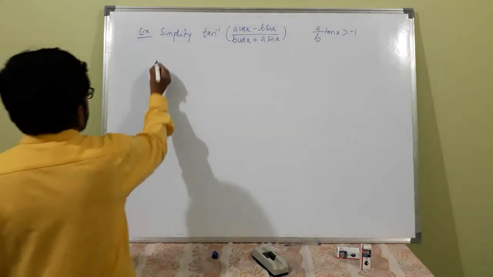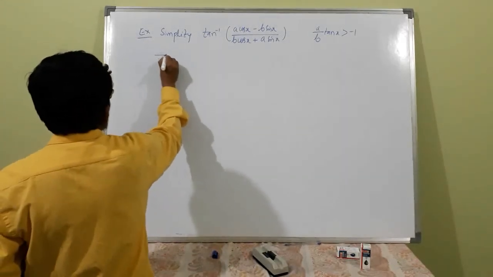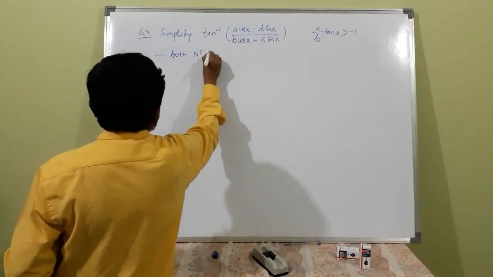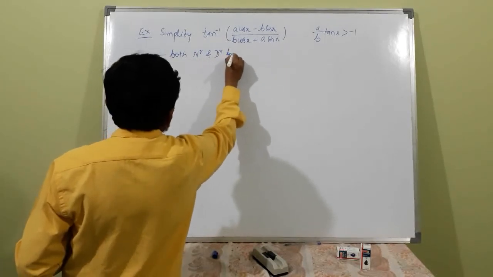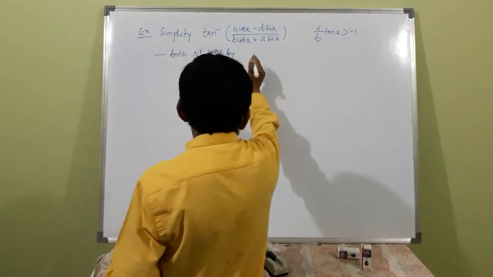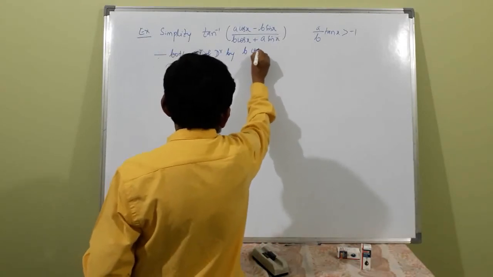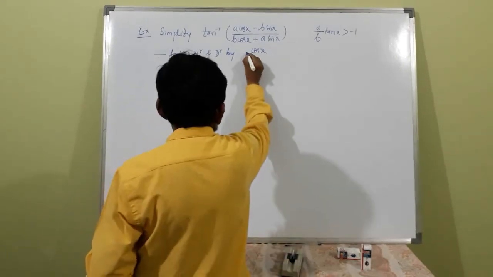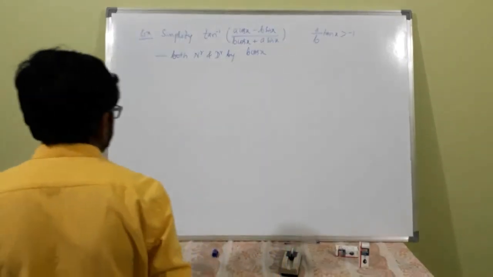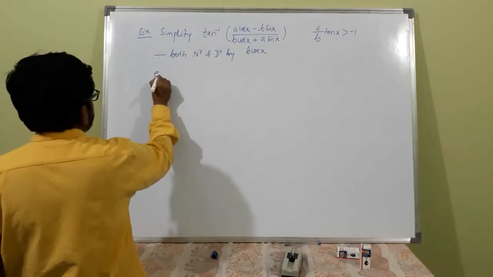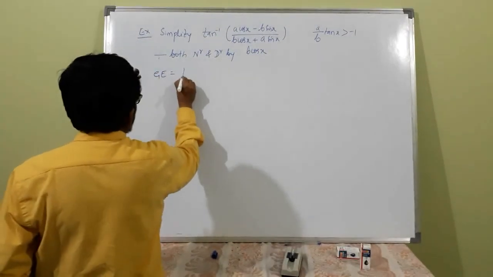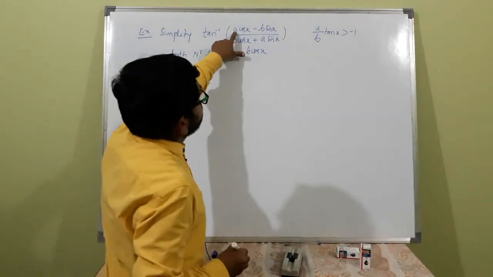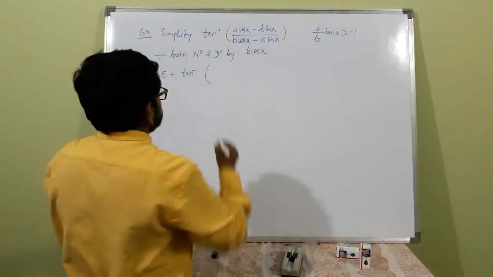See, dividing both numerator and denominator by b cos x, then the given expression becomes tan inverse of, see here, a divided by b cos x means a by b.